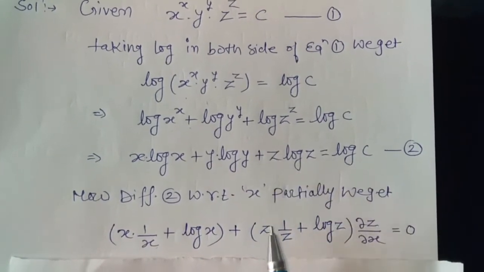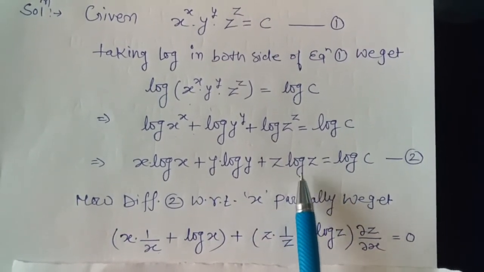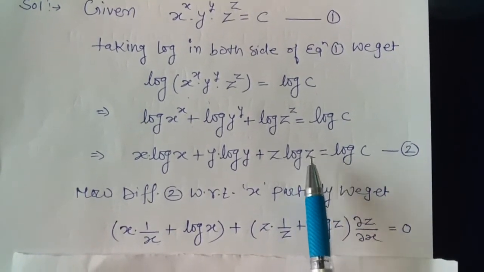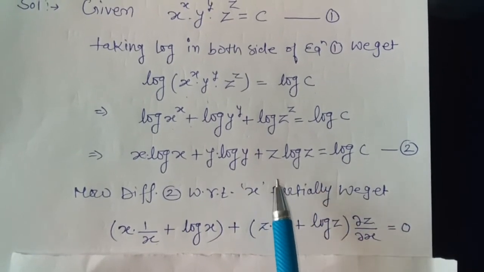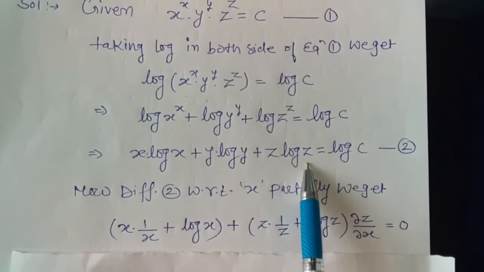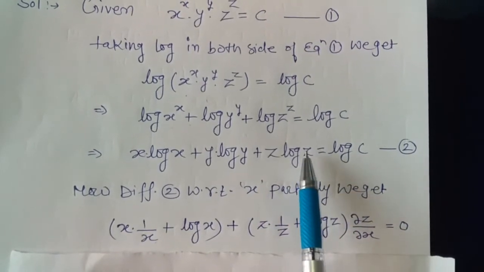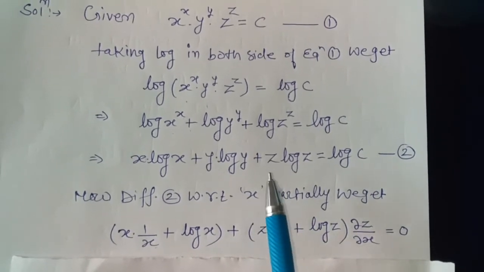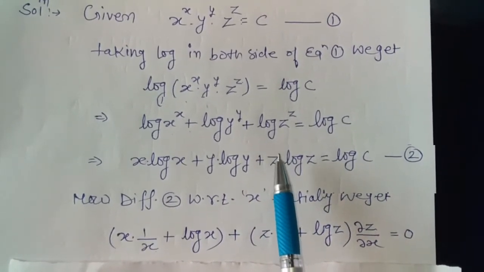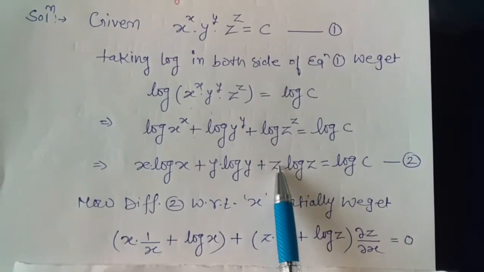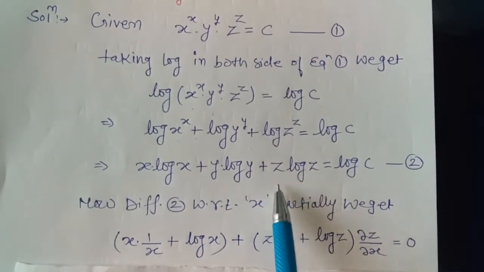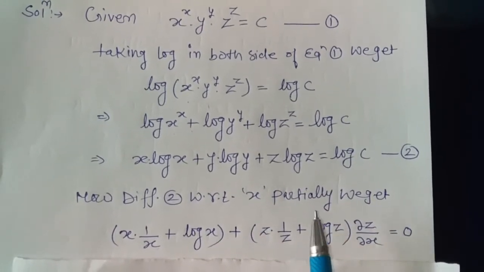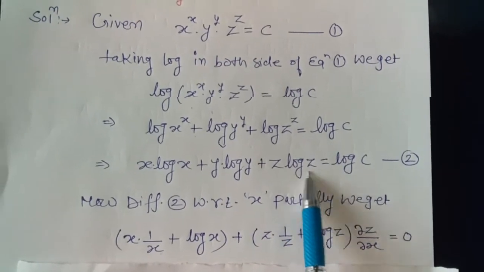We get z as it is, times the derivative of log z, which is 1 upon z, and the derivative of z is the partial derivative ∂z/∂x, plus the derivative of z with respect to x, which is ∂z/∂x, multiplied by log z.